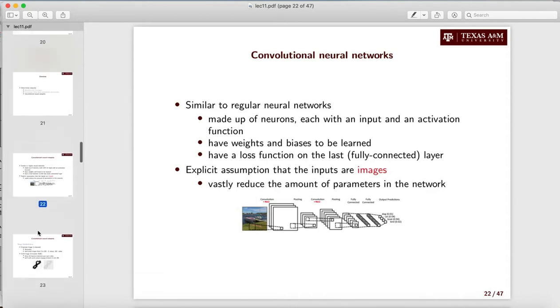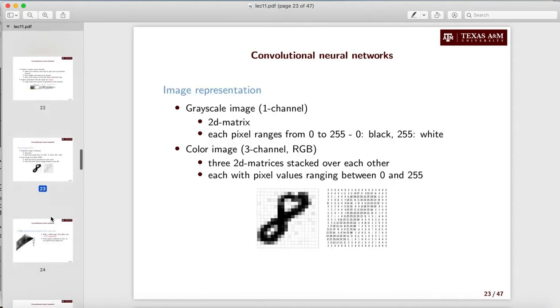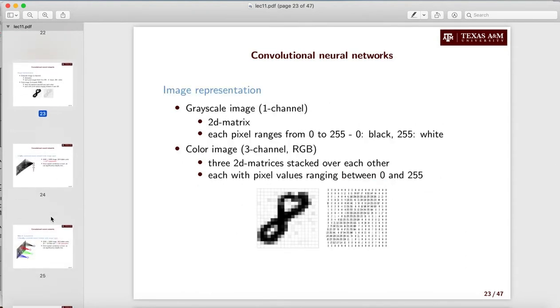So, having said that, let me just provide a brief background on how an image is represented, although I'm sure most people are familiar with that. This is a gray level representation of an image. This is what we call only one channel. Every pixel of an image has a value between 0 and 255.